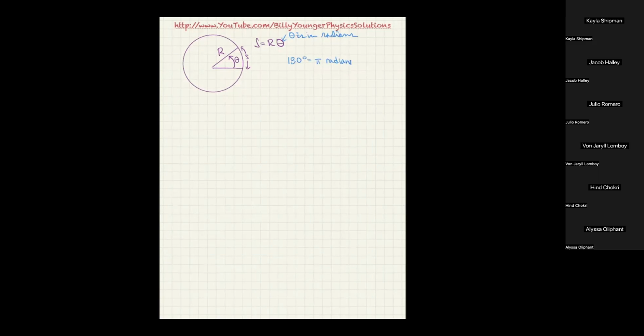So that's like meters divided by meters or centimeters divided by centimeters, which means it has no units. So no unit really, but it is a pure number and it's very important. So this is our conversion factor that comes in handy. You might need that on occasion. This is the fundamental equation for the arc length.